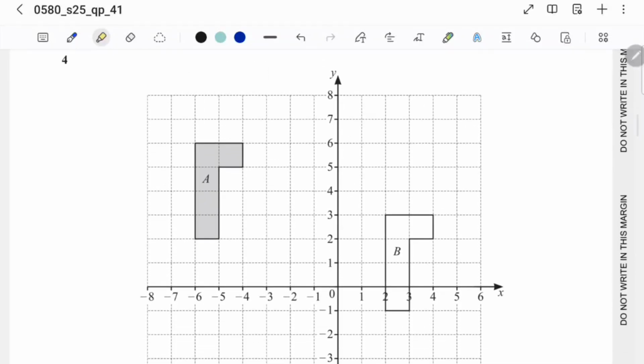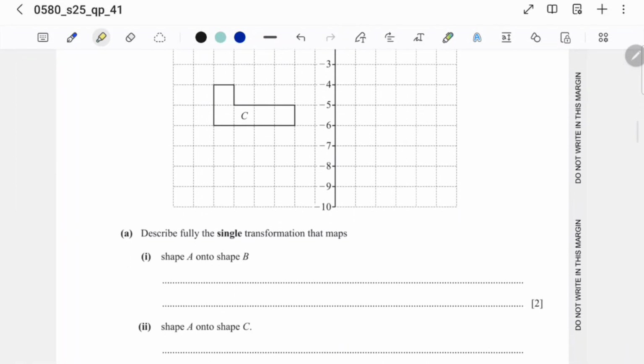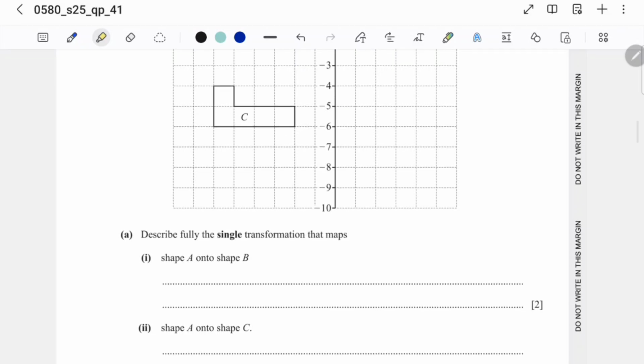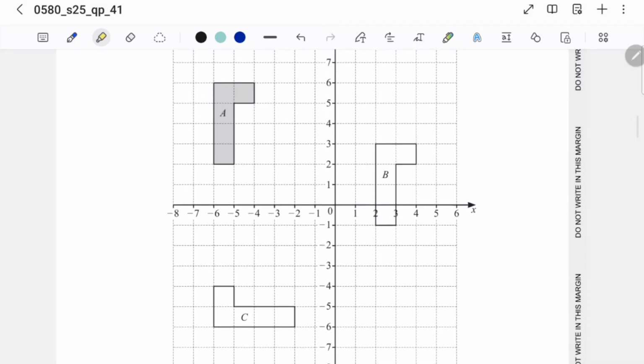The next question is question number 4, which is a transformation question. Describe fully the transformation that maps A onto B. If we see A and B, we can easily see that it's a translation, because whenever we join the corresponding points, we see parallel lines.